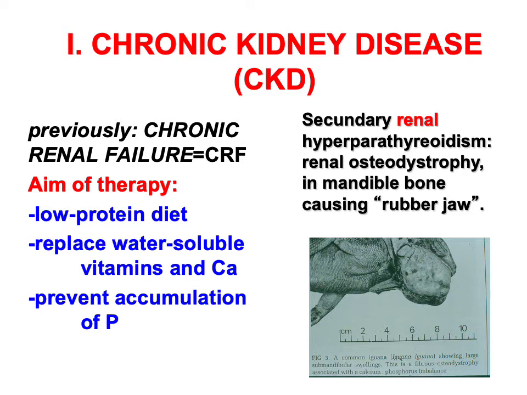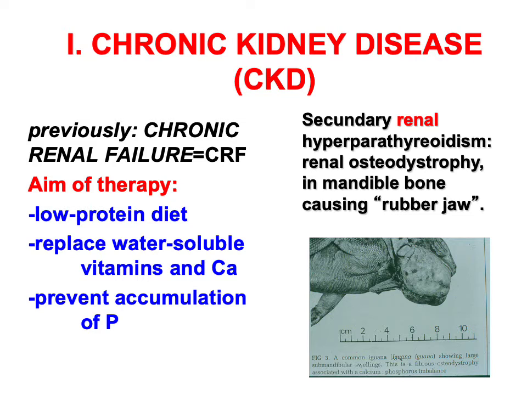If you check my textbook or the Merck Veterinary Manual, you can find 4 stages, 4 categories of chronic kidney disease according to the blood parameters, and therefore it is a much more delicate approach than the previous one.